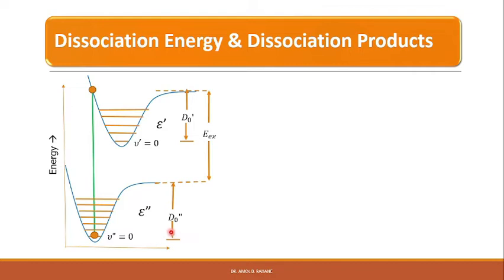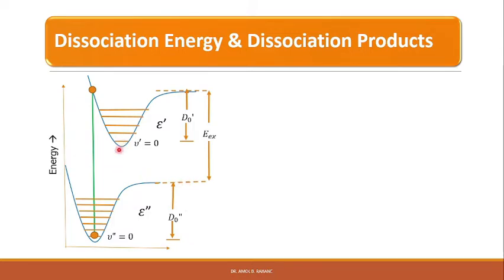We can see that D0 double prime is the dissociation energy from the electronic ground state, and D0 prime is the dissociation energy from the electronic excited state. Now, when the molecule is initially in the electronic ground state and it is dissociated, the dissociation energy of the separate atoms will be D0 double prime.